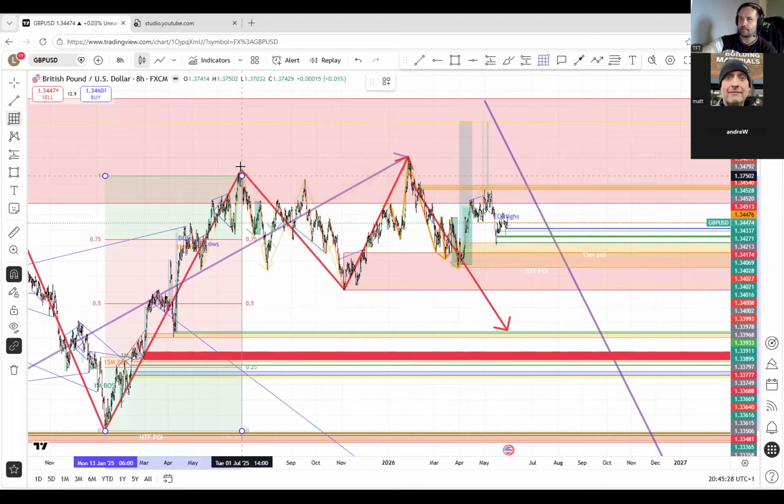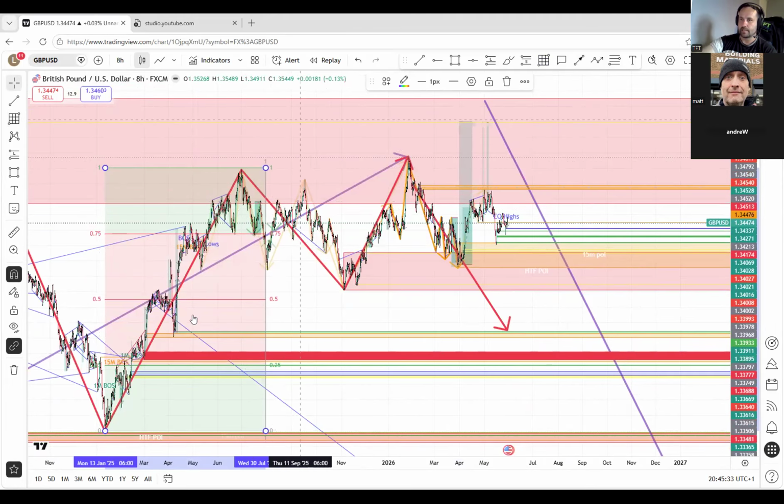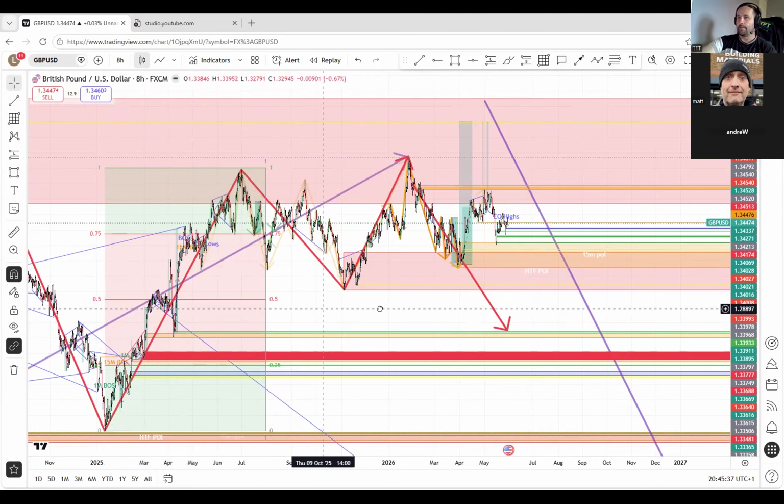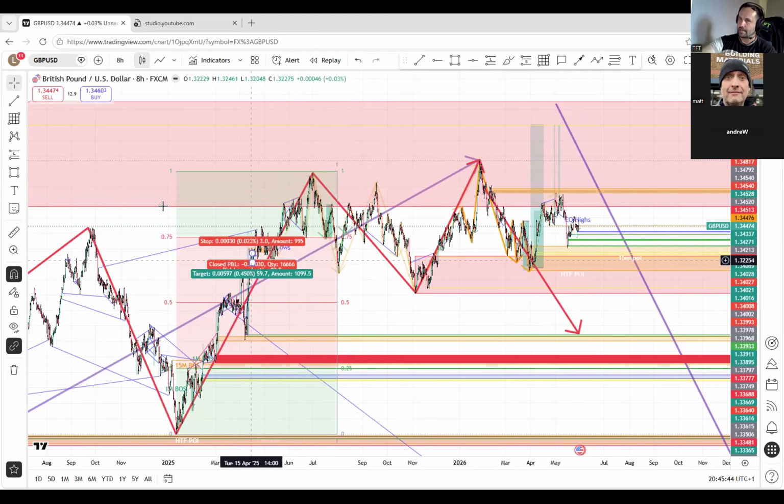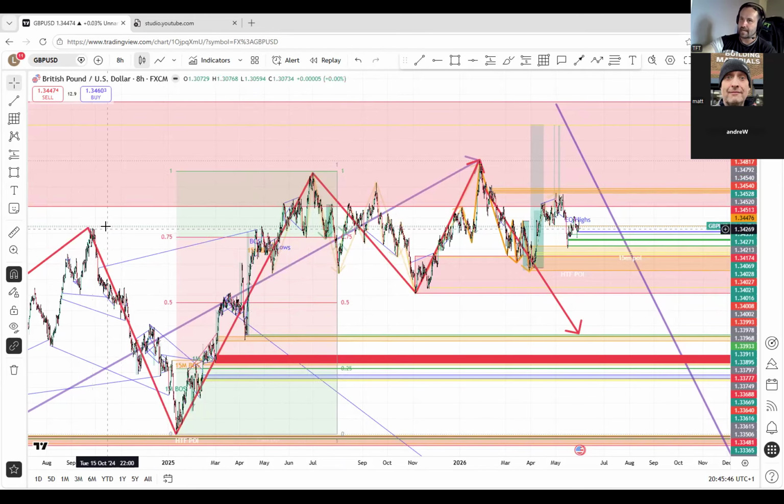So if we draw this box from this high to that low and we're happy with that, that's at least a structure. It's pulled back. It hasn't quite pulled back 50%. Maybe that's a rule you want to add rather than lower than the previous high.